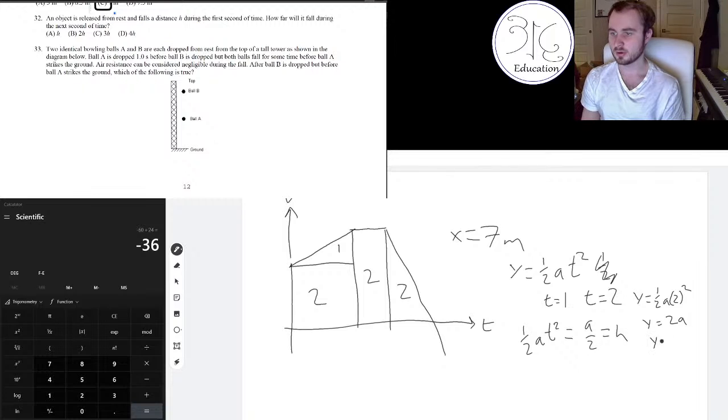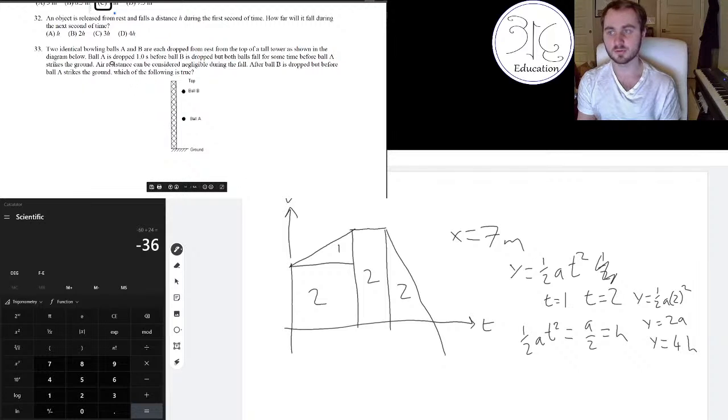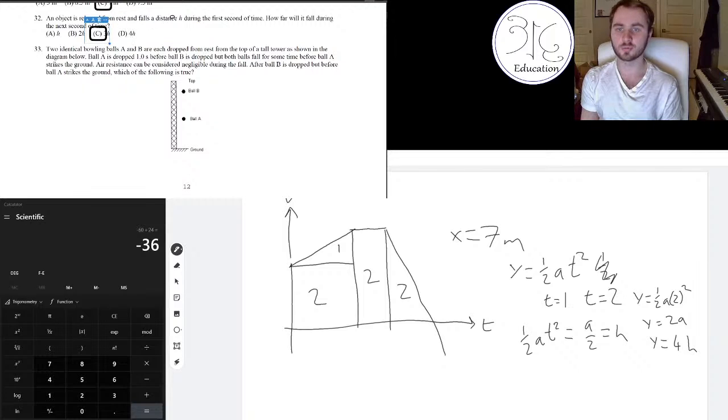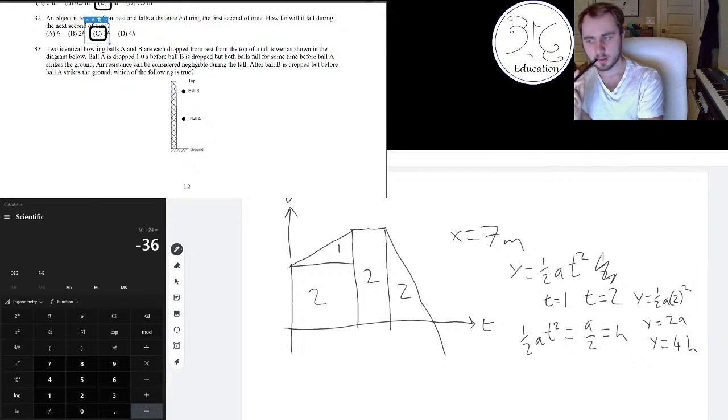So our y position after the second is 4h. That means in that next second of time, we've traveled 3h. We ended up on 4h, but we got that first distance from the first second. So this is how much we got from the second one.